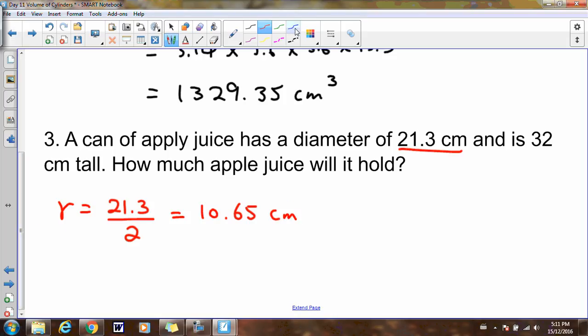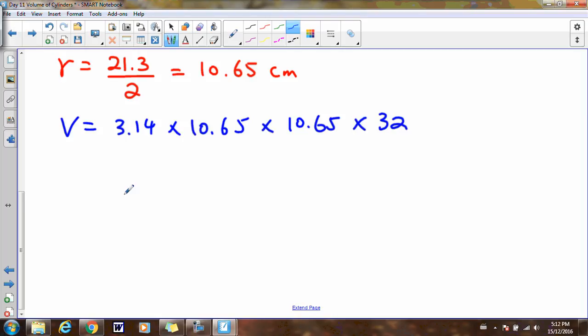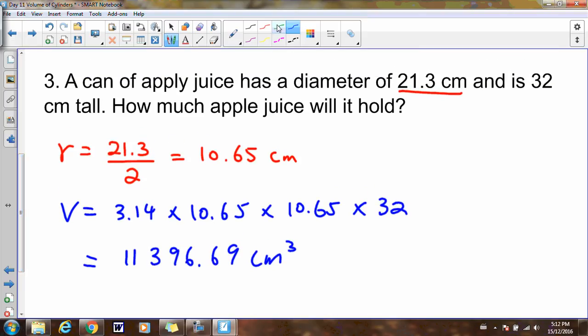Okay. Now remember, to find the volume, we just need to do 3.14 multiplied by 10.65 multiplied by 10.65, so twice, multiplied by 32, and you're going to get 11,396.69 centimeters cubed.